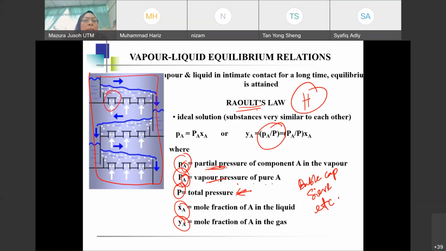So like I said, you will have your liquid flowing down here, okay, and this liquid is denoted by the blue wave over there. And then the white arrow is bringing the solute up.